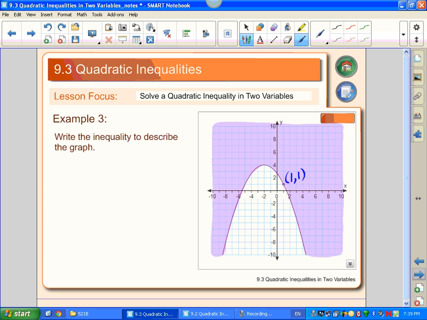Maybe not the best one to use because of those coordinates, so it might be a little confusing, but just keep in mind that there's my x, there's my y. Okay, my vertex is negative 2, 4, and so this would be the p and this would be the q.